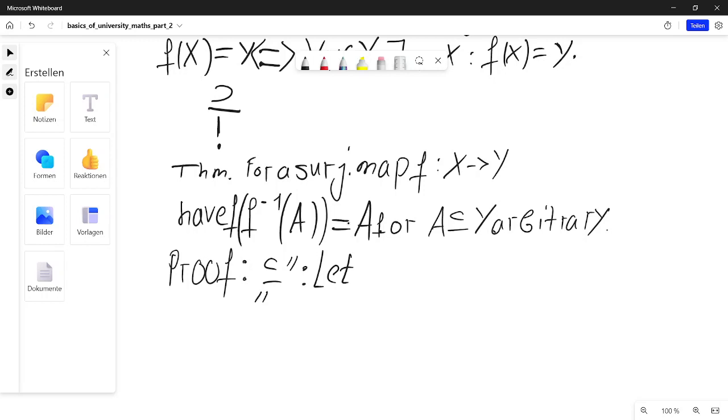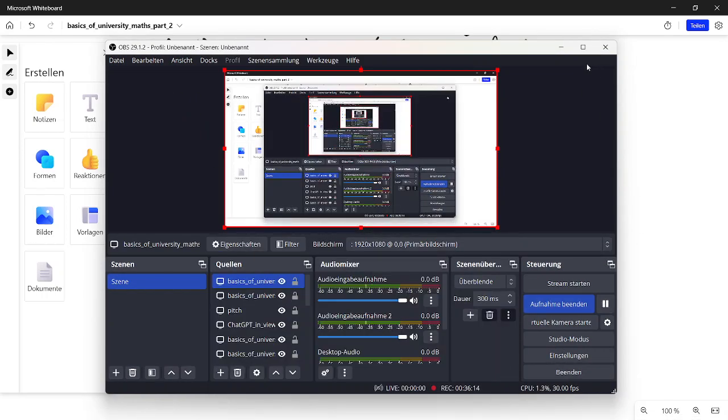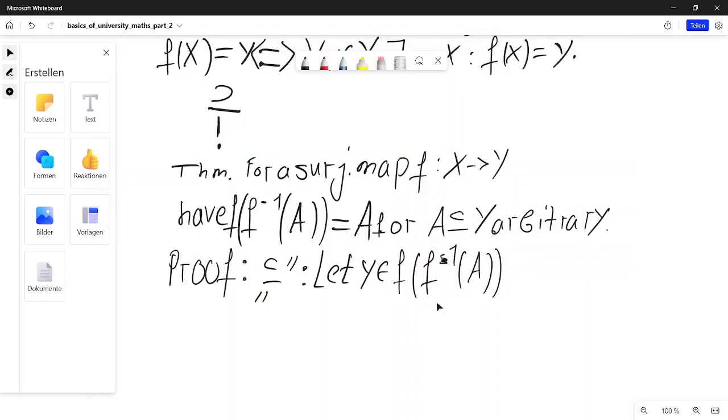But let's recapitulate that. Let A be a subset of Y, and we want to show that f of f minus 1 of A is a subset of A. So we now consider the one subset relation.